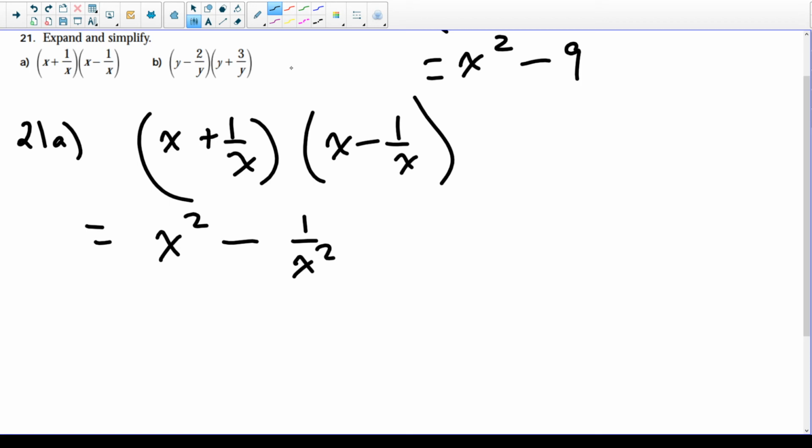Well, you need a common denominator. You can't subtract fractions unless you have a common denominator. So I'm going to multiply the top and the bottom here by x squared. That's going to give us x to the power 4 minus 1 all over x squared.